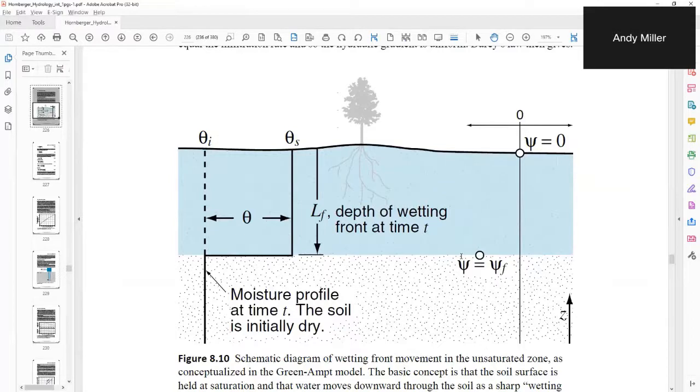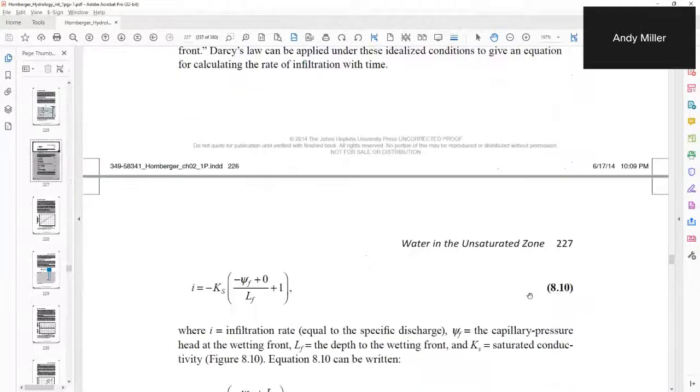Down here, it's psi sub f, right? So actually, it's elevation plus L sub f, and negative psi sub f because it's this minus this. If you take the difference between here and here, you'll get negative psi sub f plus L sub f, and dz is just L sub f. And if you go down to this equation, you'll see that's how they've written it.